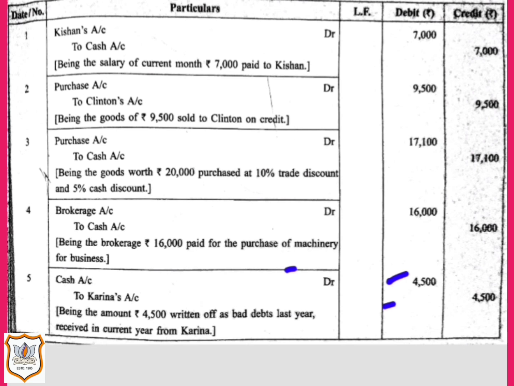That means this is the amount of bad debts recovered. So as it is an income, here bad debts recovered account should have been credited. But instead of that, they have credited Karina's account, which is wrong. So let us see the rectifying journal entry.